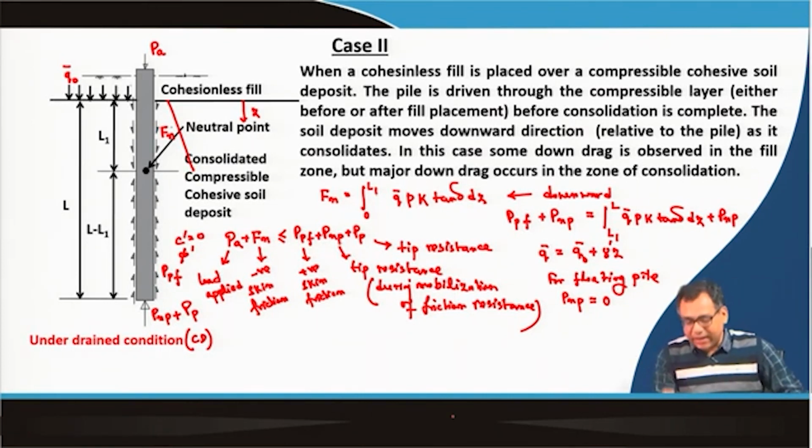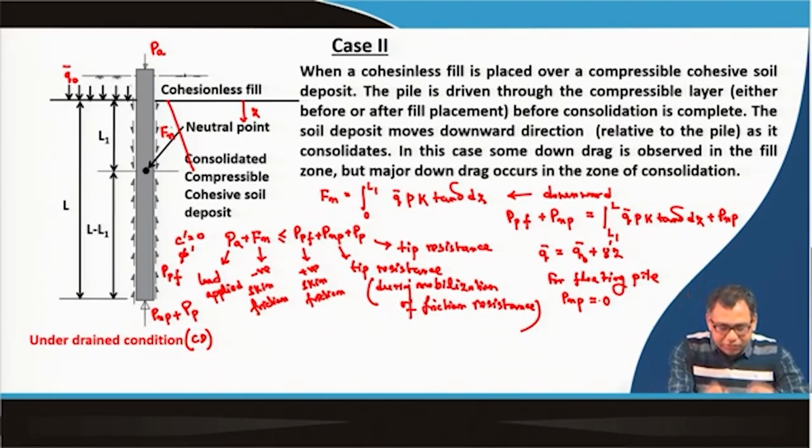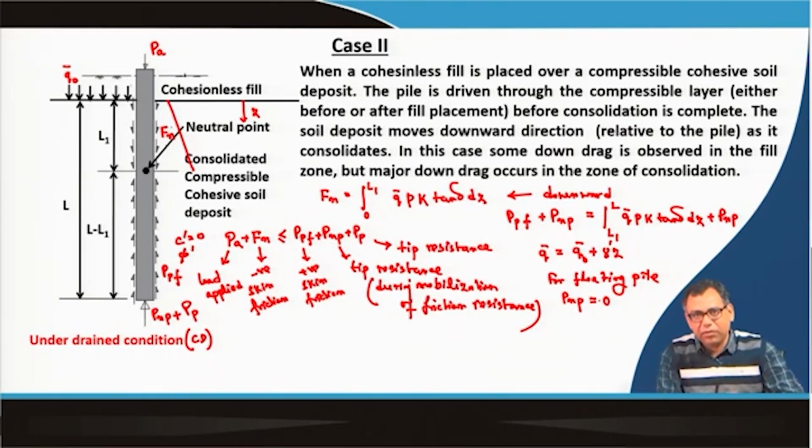So, we are neglecting that. Now we can write that, because we have to determine the neutral point. Above that will be negative skin friction, below will be positive skin friction. So, we have to equate the downward and upward forces, which are counterbalancing the skin friction.